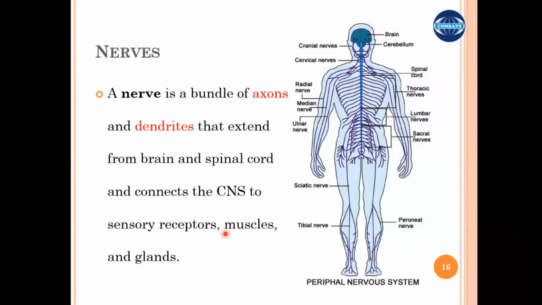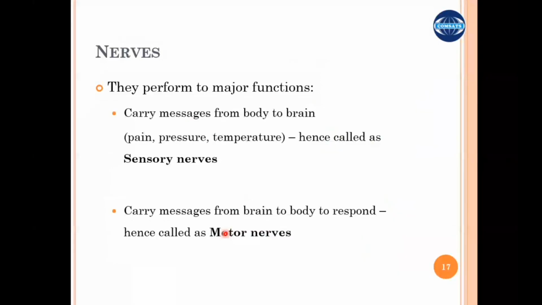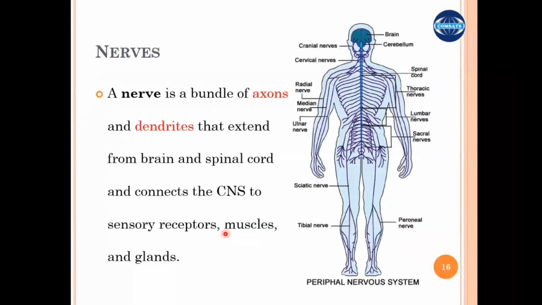And the other are the peripheral nerves that arise from the backbone or spinal cord, right? So they take that message from the spinal cord to the limbs or other parts of the body.